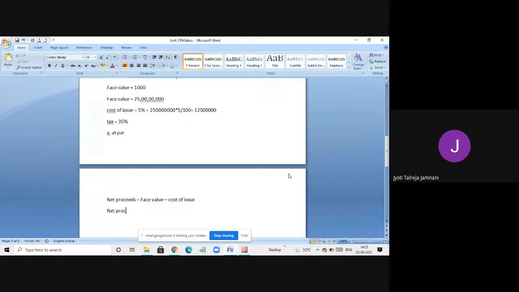Yes, ma'am. Net proceeds is equal to face value 25 crores minus cost of issue. We saw it was 1 crore 25 lakhs. We'll get the net proceeds. This is the problem with taking the total amount, because if the amounts are too big, you need to keep on.